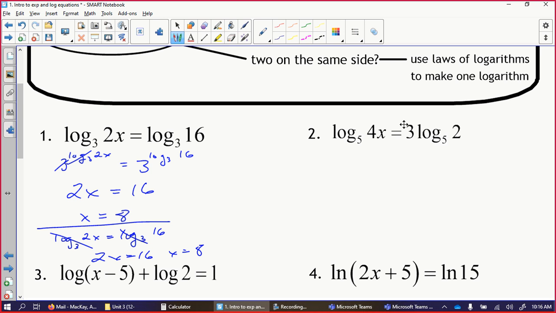However, we have to use our log rules. If I've got a number in front, we have to move that up. Log base 5 of 4x equals log base 5 of 2 cubed. Well, that's log base 5 of 4x equals log base 5 of 8.